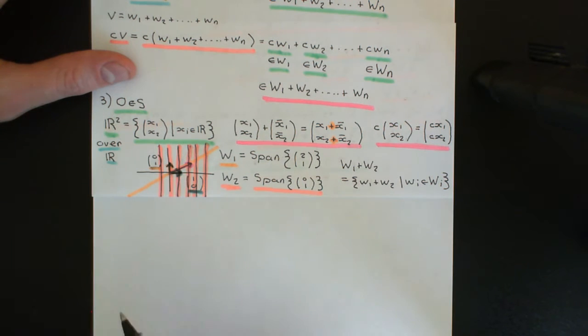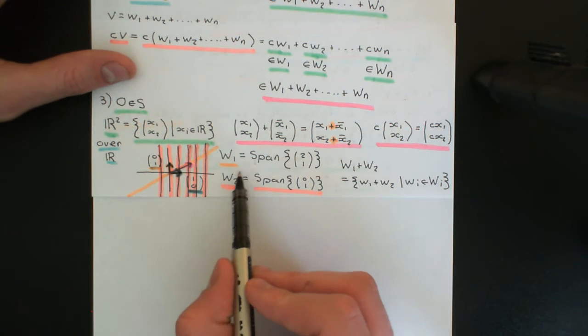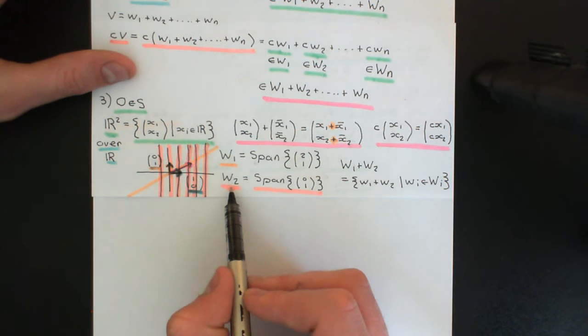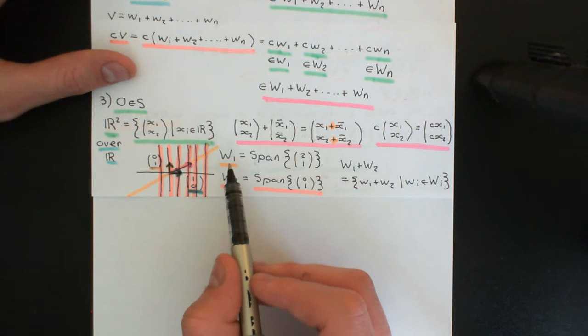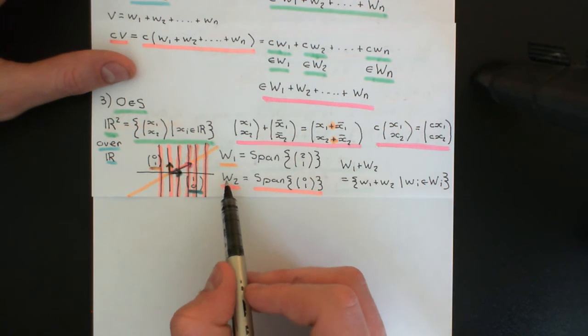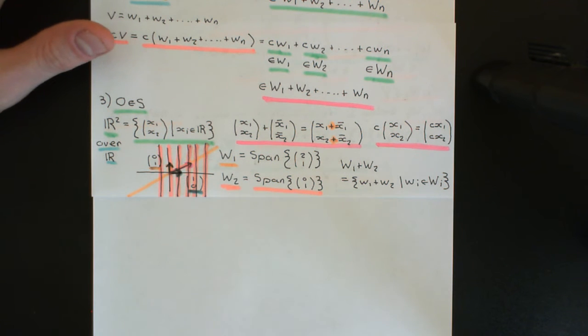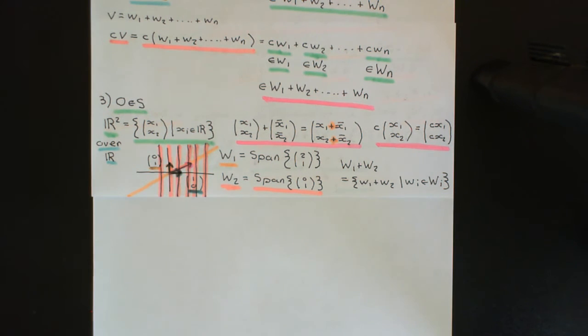Now hopefully it should be obvious that these two subspaces, capital W1 and capital W2, are independent, because what did we show is the equivalent statement to just two subspaces being independent? We showed that equivalently you can say that the intersection of those two subspaces just contains the zero vector, and hopefully from the picture it should be very obvious that the only thing that both of them contain is the zero vector.